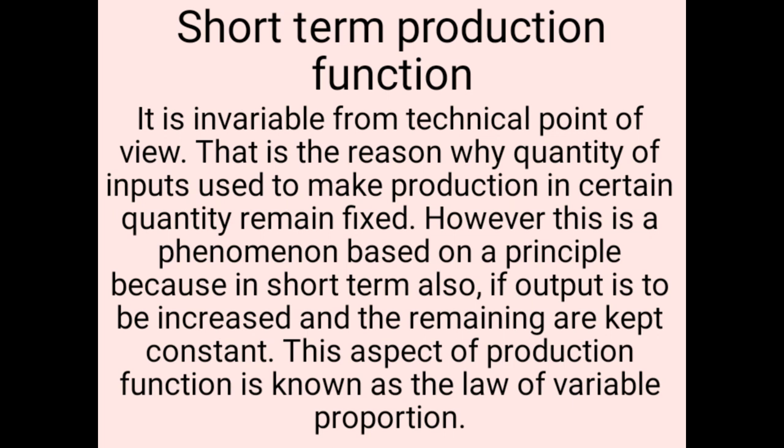We do make changes. It's not so that it is fixed every time. In some circumstances, we even change it, but we won't change the whole structure. We change only one input among all inputs. This aspect of production function is known as the law of variable proportion.